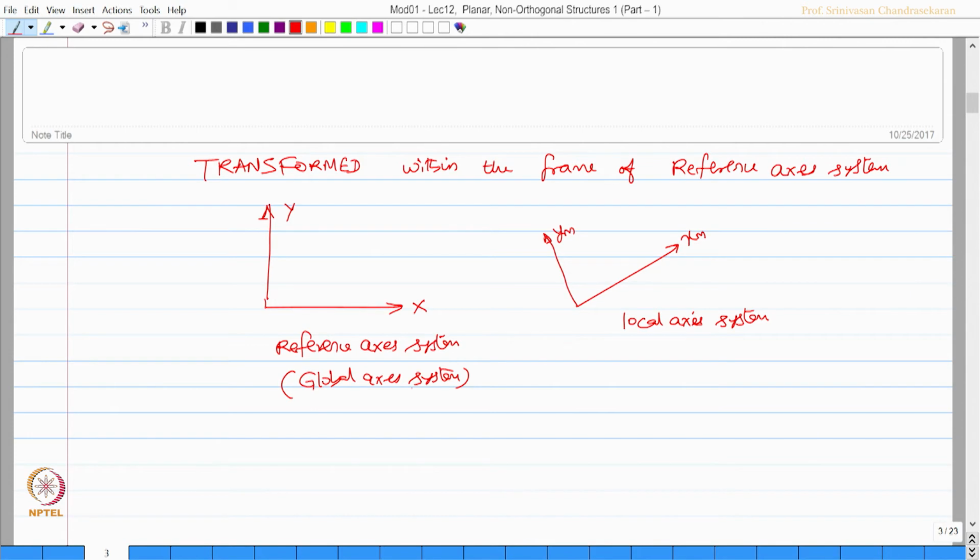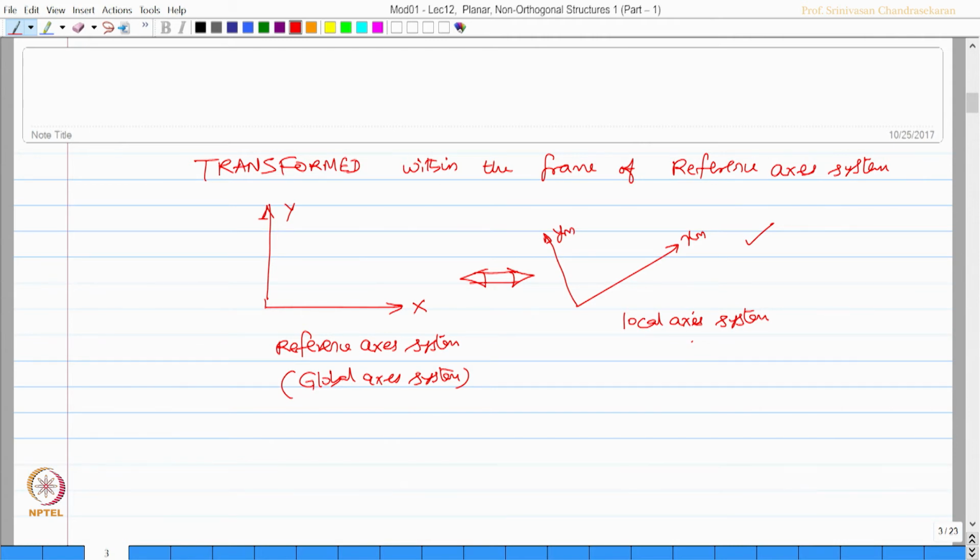The meaning is going to be the same. So, there has got to be a connectivity established between the local axis and the reference axis system to solve the problem. Whatever derivation we so far had for a member aligned along the xm ym axis, that is the local axis system of the member, is all completely valid, but they need to be transformed when the local axis system is not mapped exactly to the reference axis system.